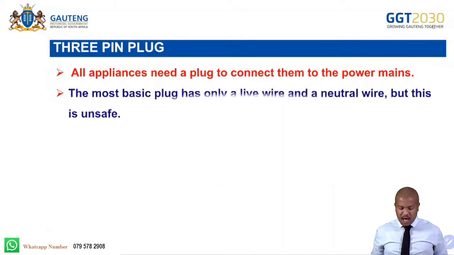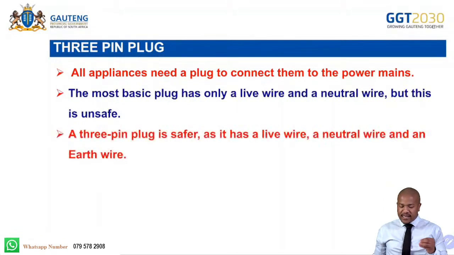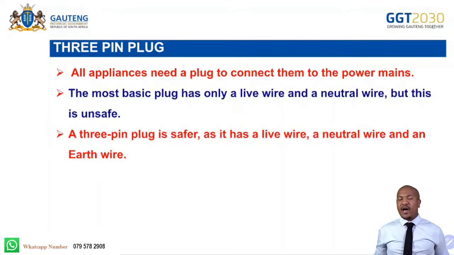Are we together? So the most basic plug has only a live wire and a neutral wire, but this is unsafe. Hence we talk of the use of a 3-pin plug. So a 3-pin plug provides a live wire, a neutral wire, as well as an earth wire.